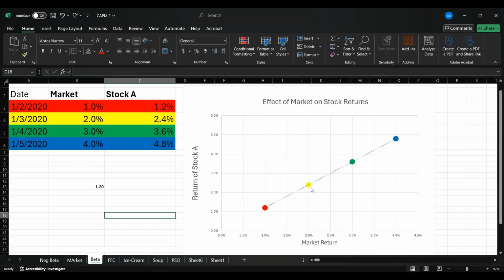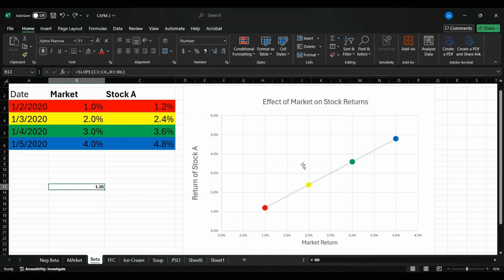Well, this scatter plot tells us the effect that the overall market has on the return of a stock. The slope of the trend line of this particular plot is the beta, which basically shows us that if the market, for example, in this case, increases by 1%, the stock is increasing by 1.2%.